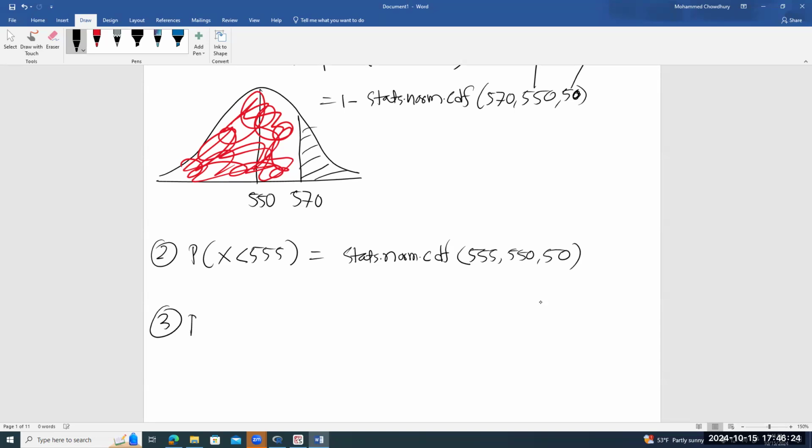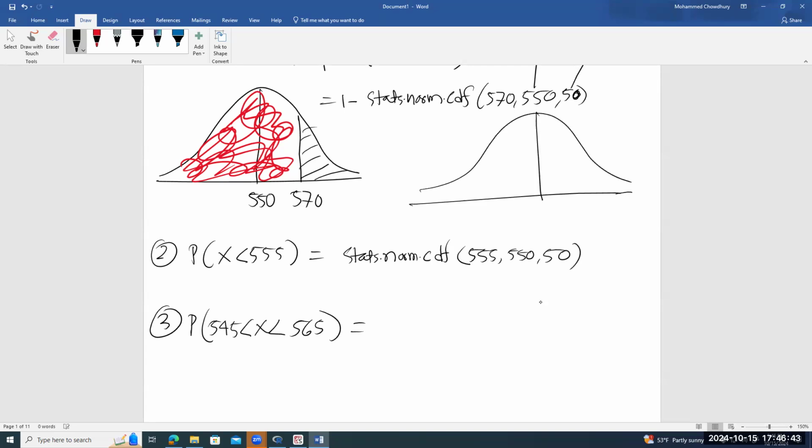Number 3, 545 less than X less than 565. The figure for this is that 555, this is 550, this is the figure for that one.